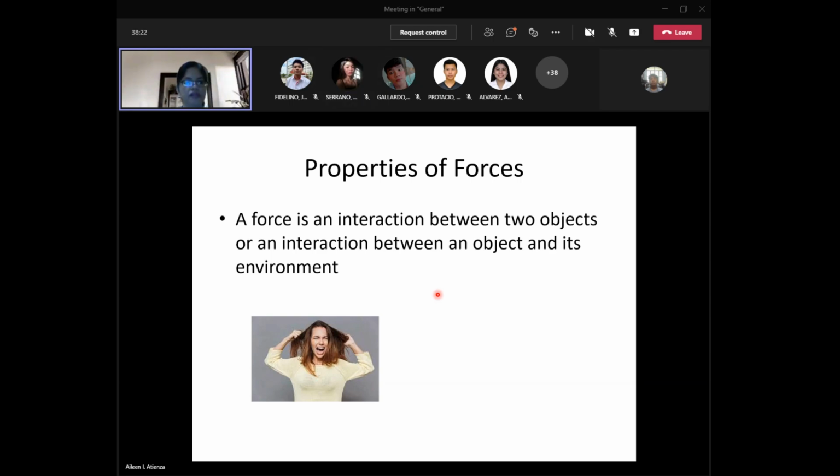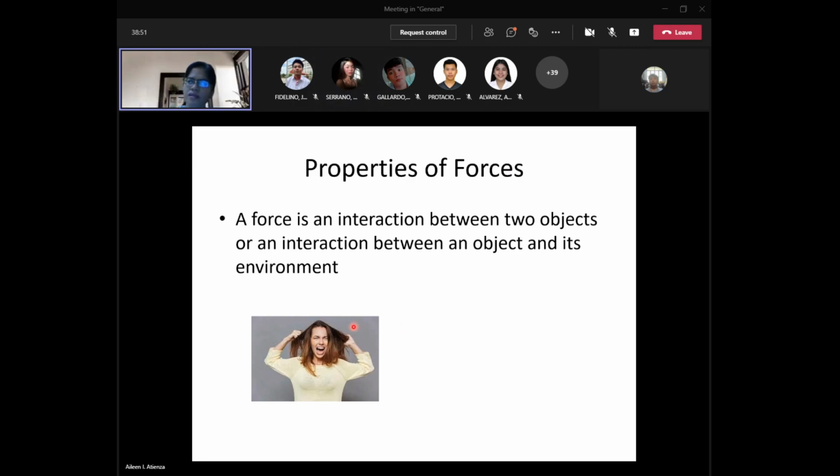Pull po. Pull. Okay? So, pull. Merong action ng pull, but then, how many bodies do we have in this case? Ilang bodies ba merong involved in this scenario, class? Isa lang po. Isa lang.